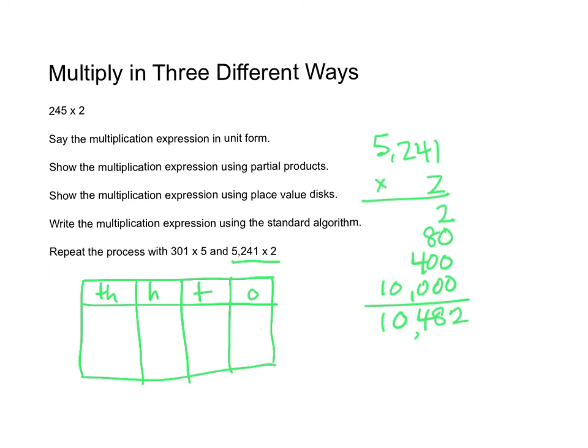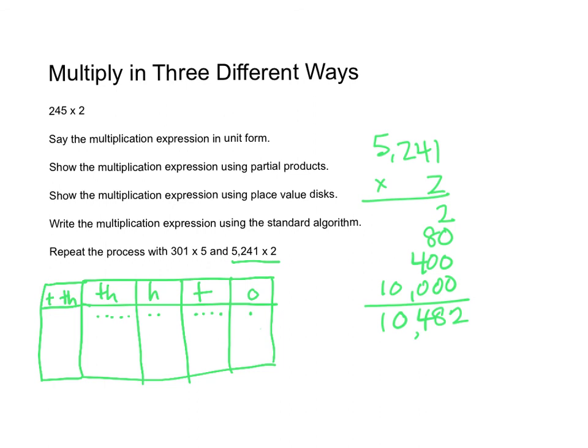All right, let's look at that number, 5,241. I've got 1 one. I have 4 tens. I have 2 hundreds. And I have 5 thousands. I'm thinking, actually, I probably need to go one more to go to 10,000.